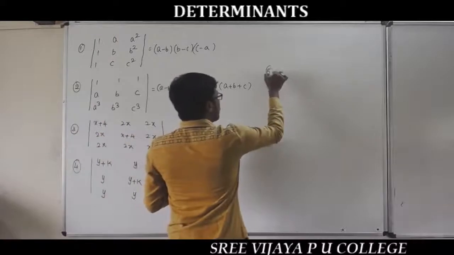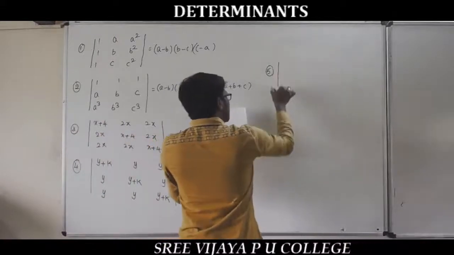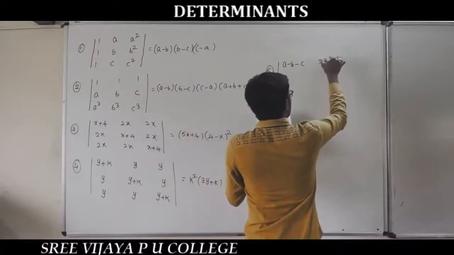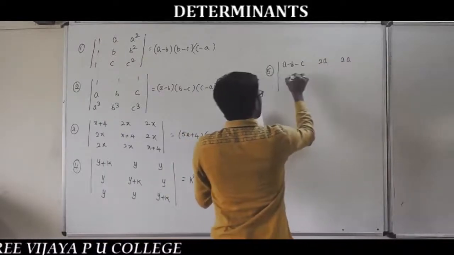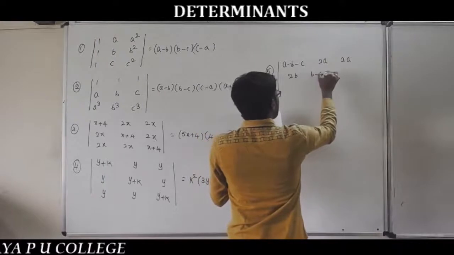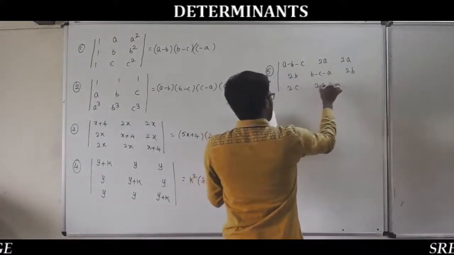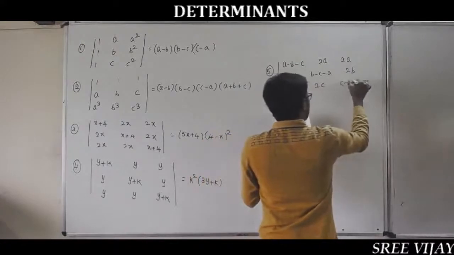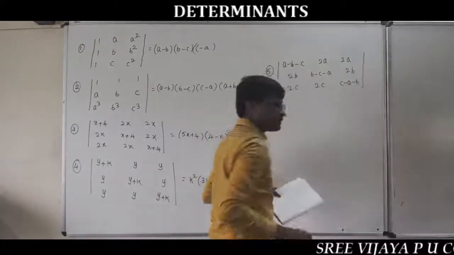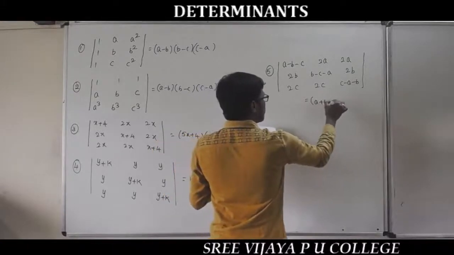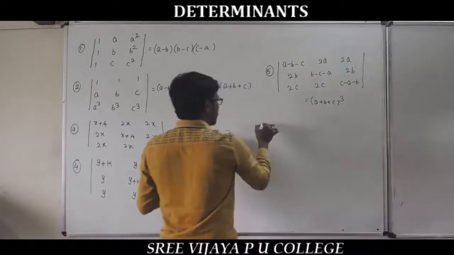The next question, determinant of a minus b minus c, 2a, 2a; 2b, b minus c minus a, 2b; 2c, 2c, c minus a minus b will be equal to (a plus b plus c) whole cube.